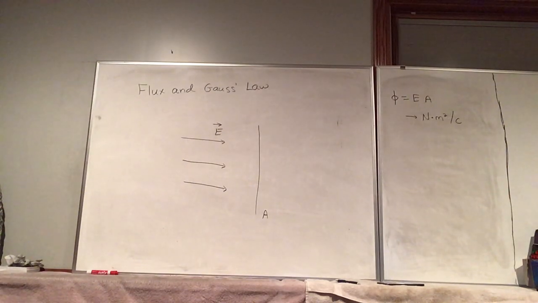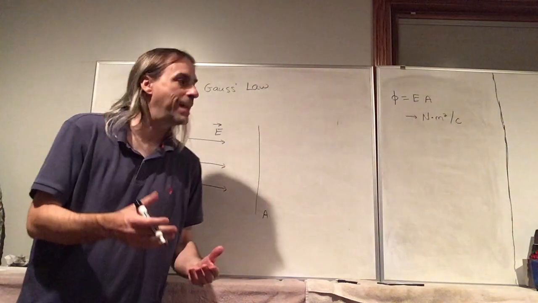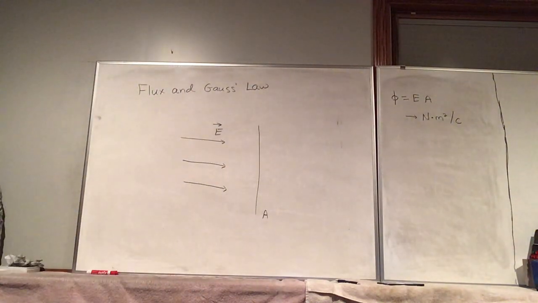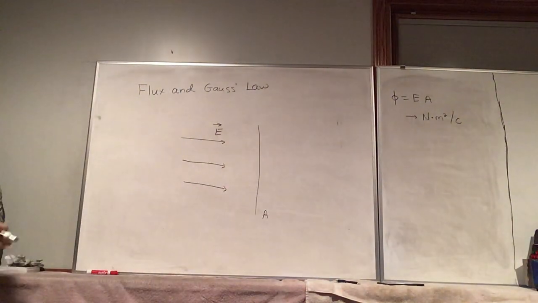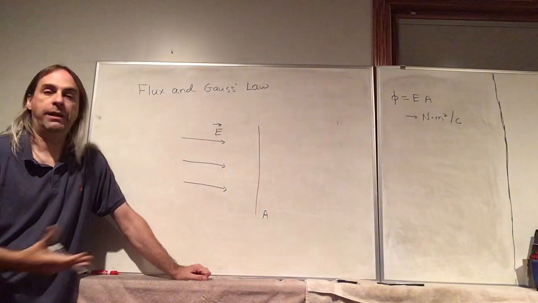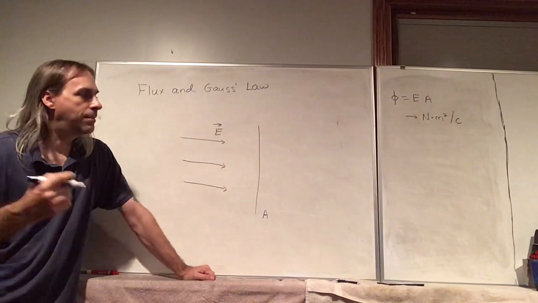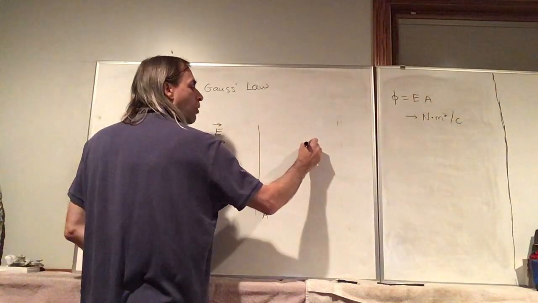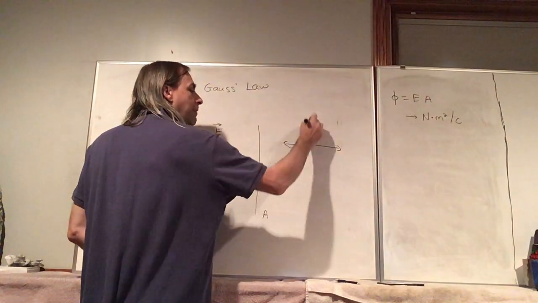Okay. Now, intuitively, what is flux? What does it represent? Intuitively, we can think of it as a measure of how many field lines are crossing this surface. Now, the problem is that that is a very imprecise statement, because let's just say we have a single positive charge Q. We can draw a picture to represent that.